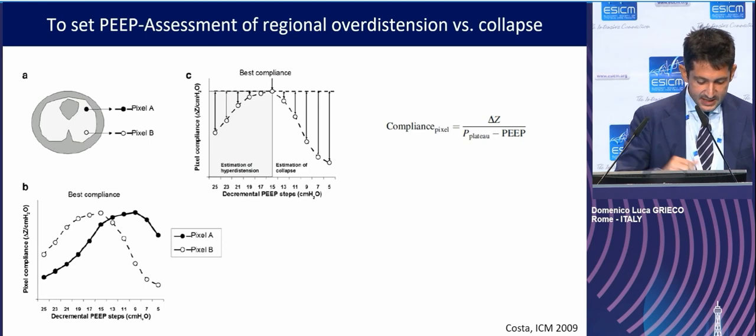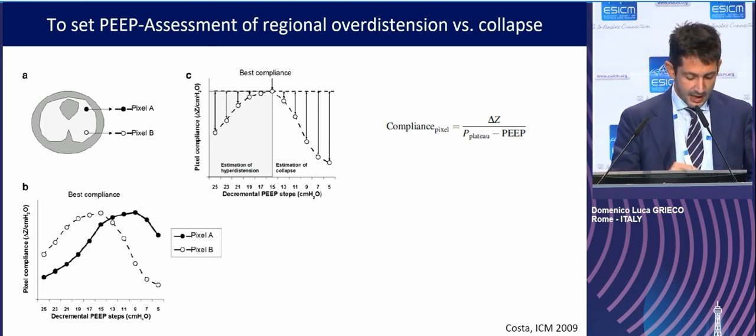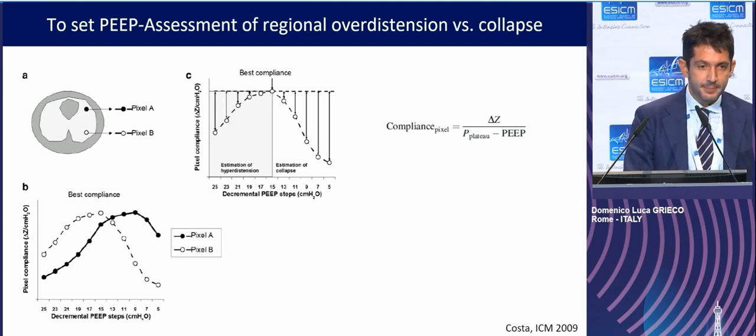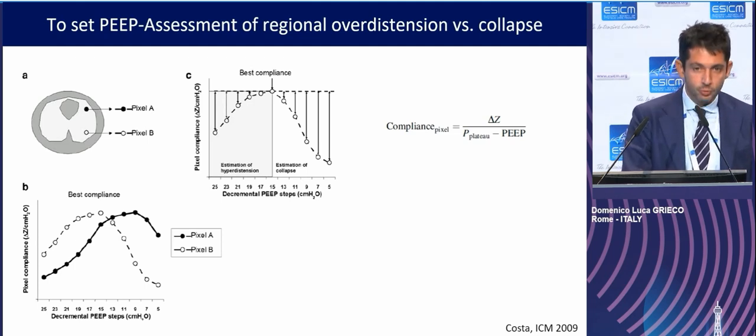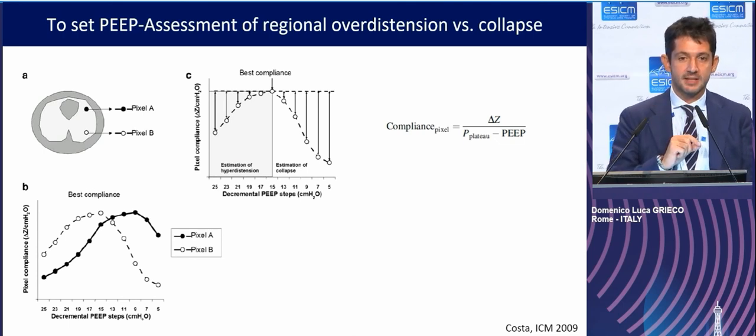While the pixel in the dorsal part of the lung, being essentially collapsed, requires a PEEP of 15 to reach its optimal individual compliance.